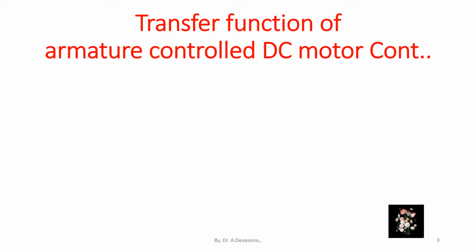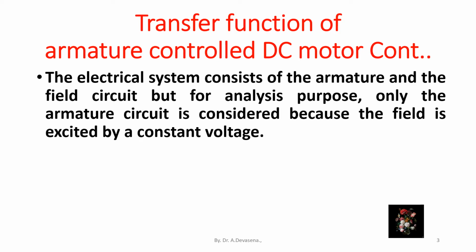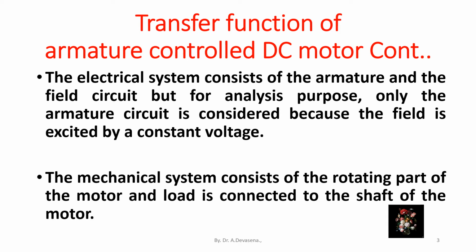The electrical system consists of the armature and the field circuit, but for analysis purposes only the armature circuit is considered, because the field is excited by a constant voltage. The mechanical system consists of the rotating part of the motor, and the load is connected to the shaft of the motor.